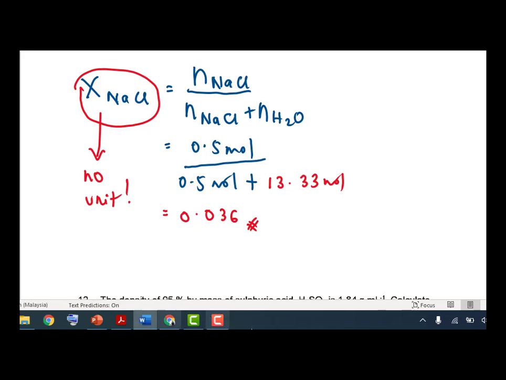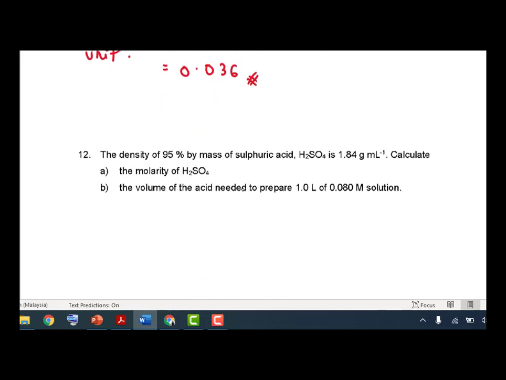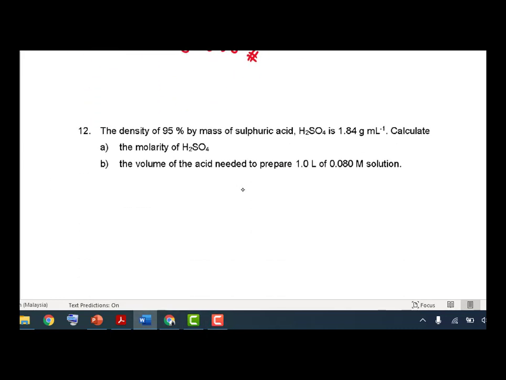Okay, next. Question number 12. The density of 95% by mass of sulfuric acid is given here. See, 95% sulfuric acid by mass means it is a very concentrated sulfuric acid. In 12A, you have to find the molarity of sulfuric acid.